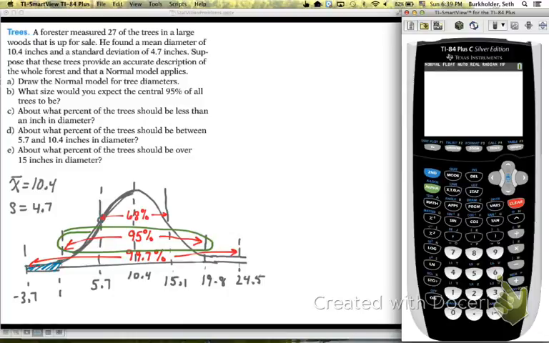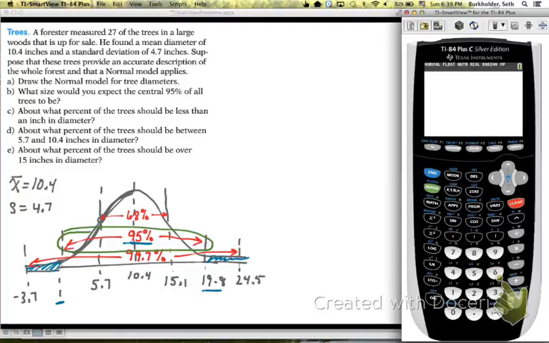Well, we know that 95% are within 1 and 19.8. So 95% are there, which leaves us with 5% out here on the ends of the graph, above 19.8 and below 1.